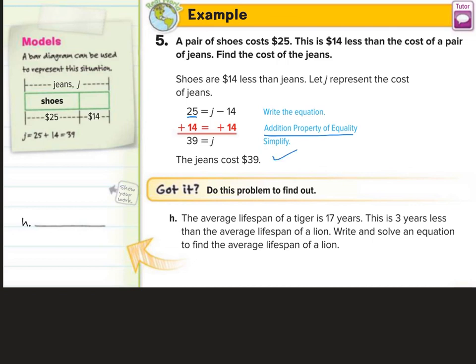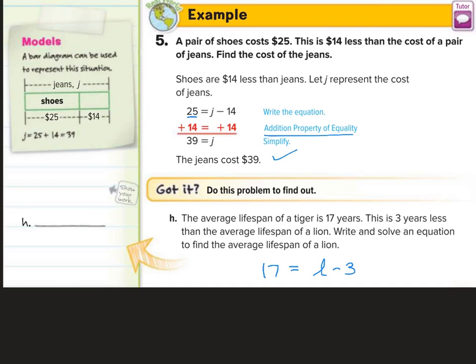Now let's solve H. The average lifespan of a tiger is 17 years. This is 3 years less than the average lifespan of a lion. So 17 equals L minus 3.